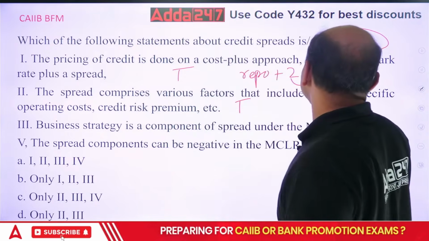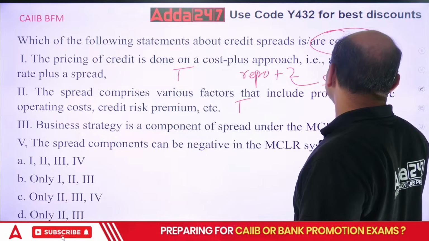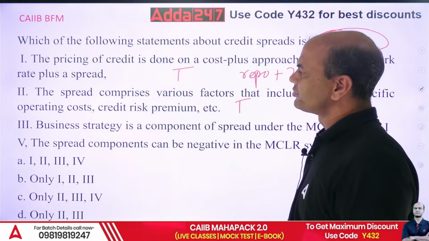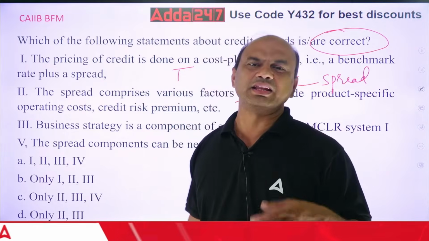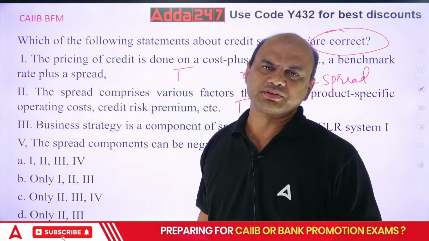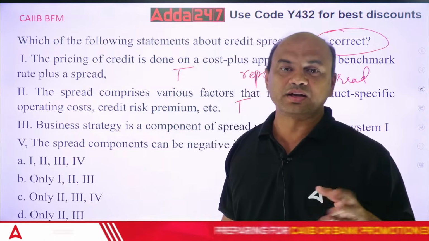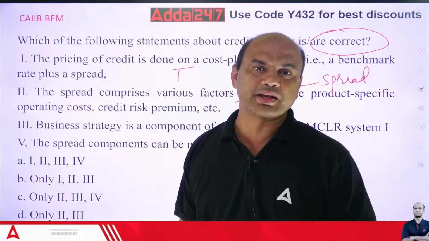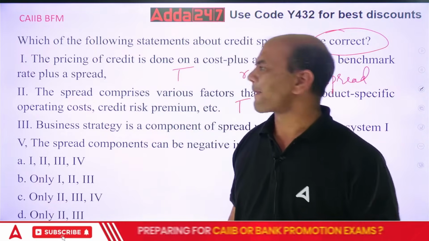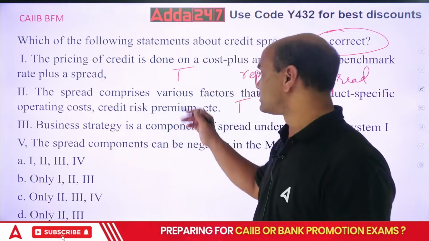So this 2 comes how? It is all your calculations, your NII, the interest difference between the loans and the deposits, what are your expenses, operating expenses, all these. So this is also true.